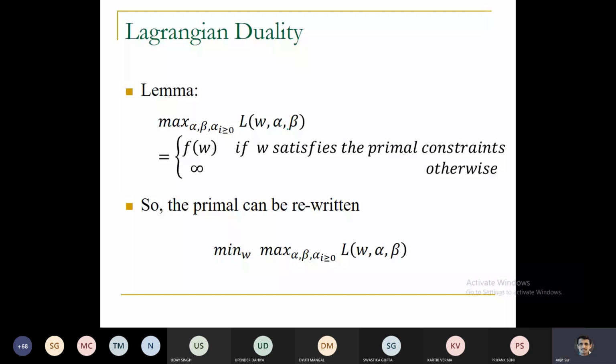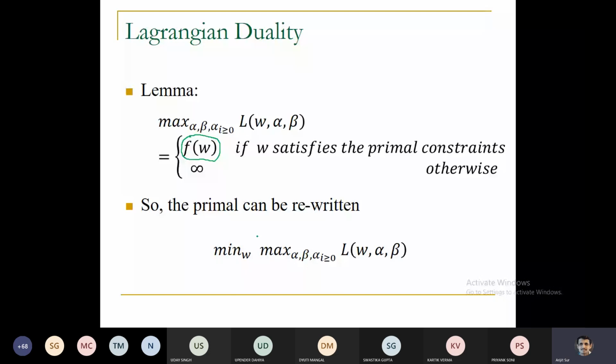If it doesn't satisfy the primal constraints, it's infinity. So this primal problem can be rewritten in this way. If w satisfies the primal constraints, then it is f(w). So if you take the minimum of this, obviously this is the minimum, because the other thing is infinity. So we have to calculate the minimum over w of this function, and that function is defined in this way.